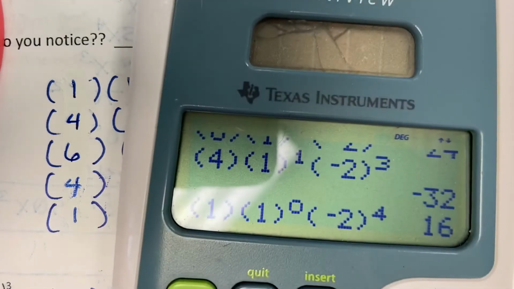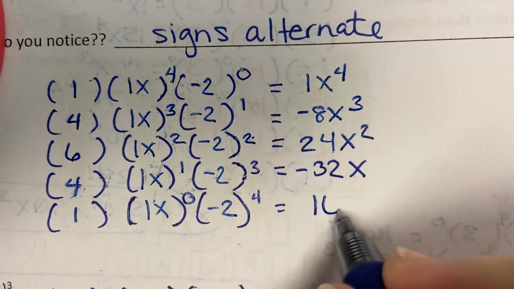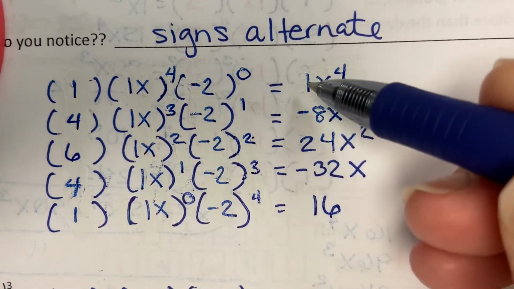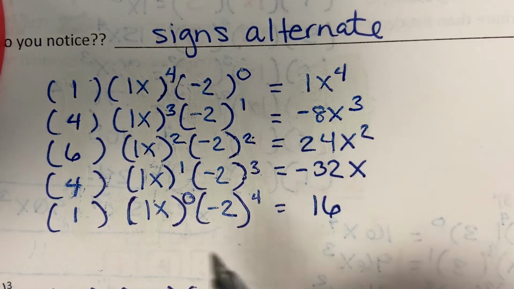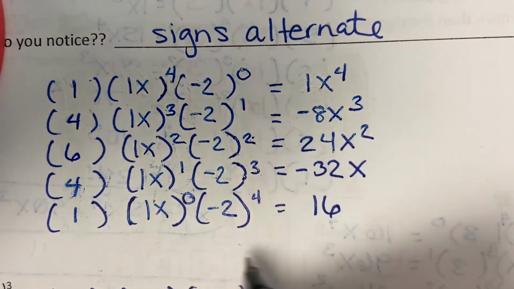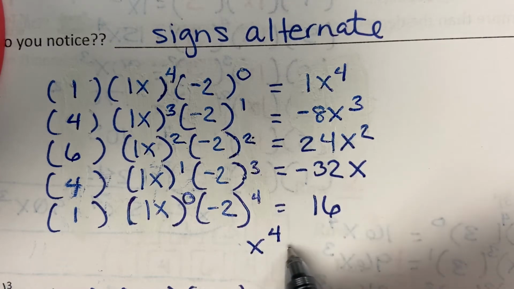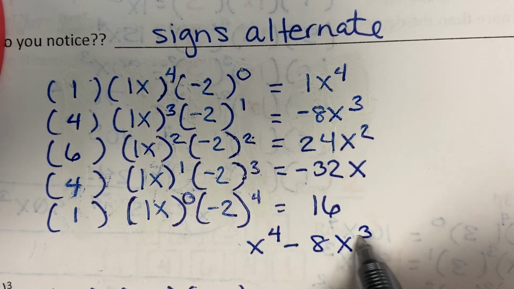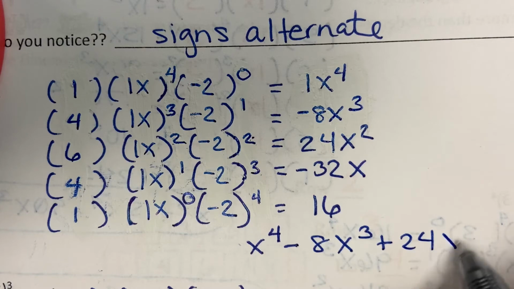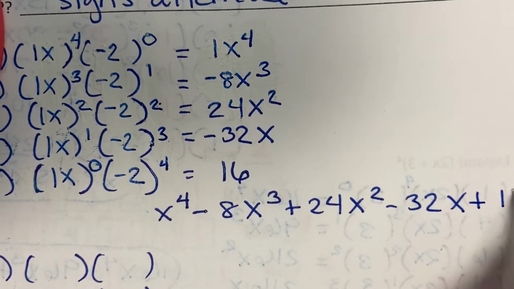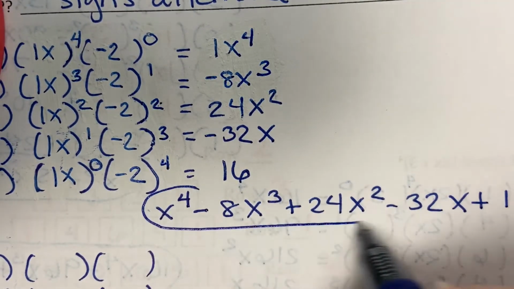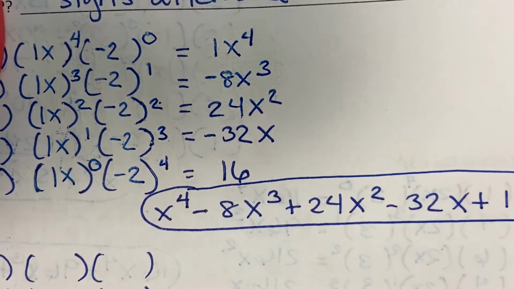And I got 16. So notice that it automatically alternated. It's like positive, negative, positive, negative, positive. And that's going to always happen. All right, so my answer would be the 1x to the 4 minus 8x cubed plus 24x squared minus 32x plus 16. And that's expanding that binomial.